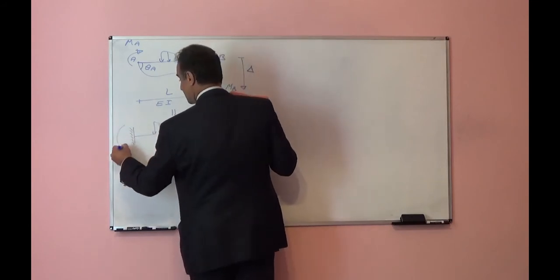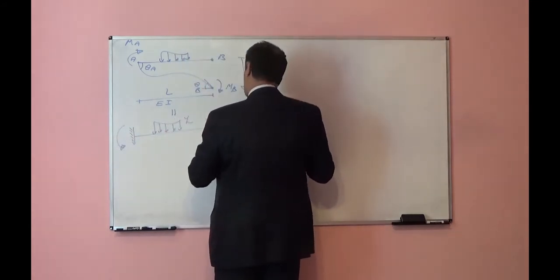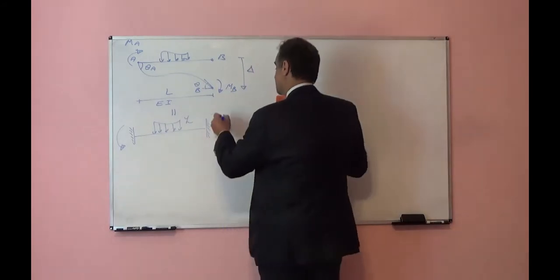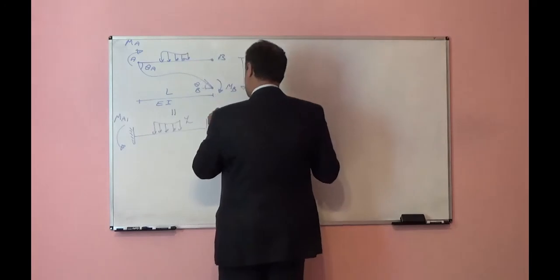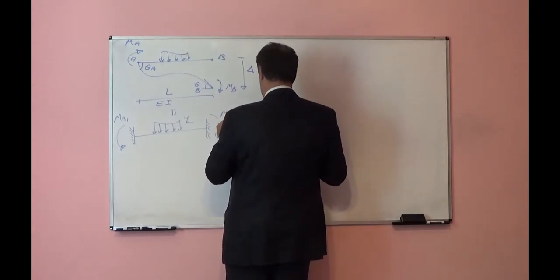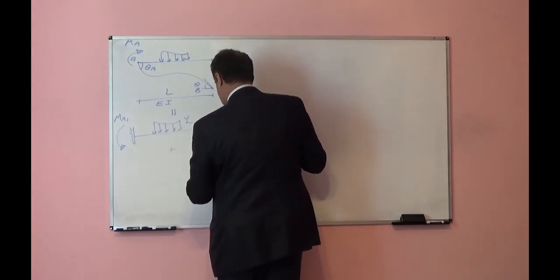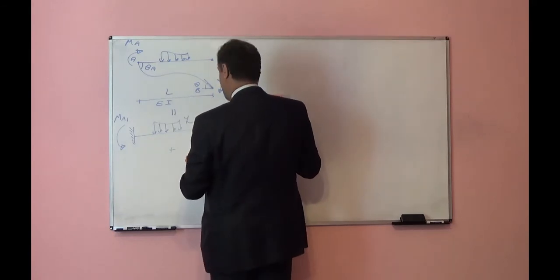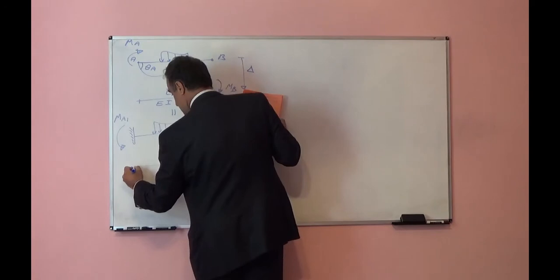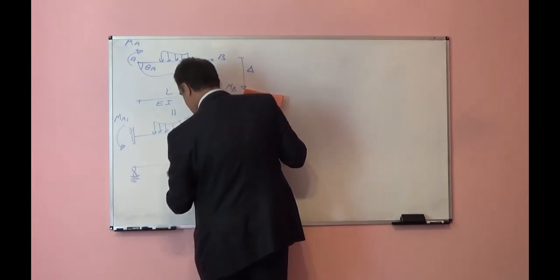So we can find both end reactions, and we call that MA1, MB1. Then I can apply the effect of rotation at joint A. So only I will apply that effect.